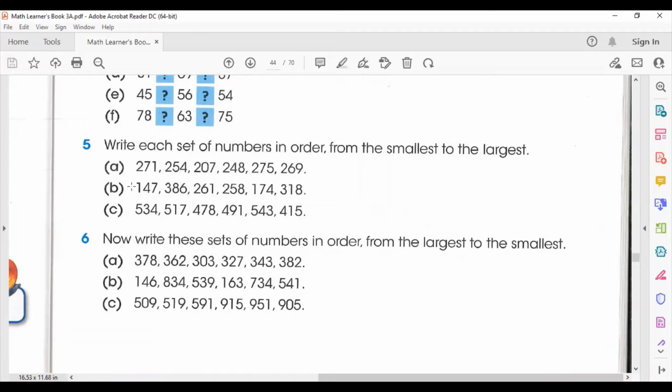But if we have all the same digit numbers, like you can see here, these are all hundreds, 3-digit numbers, so it's easy for us. 200, 200, 200, 200, 200, 200.